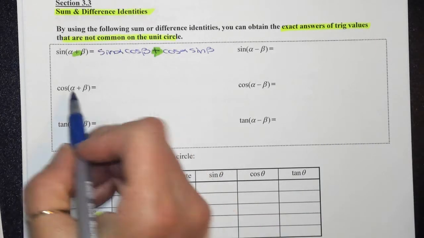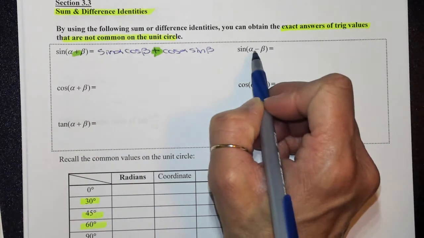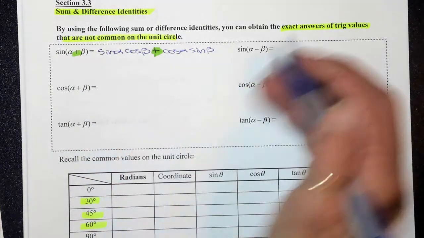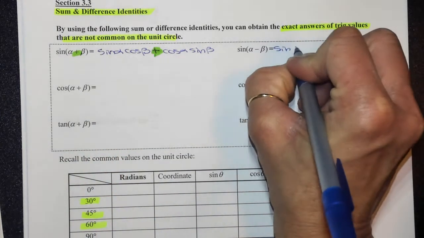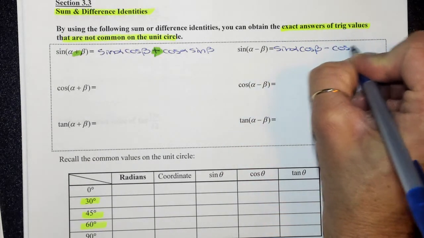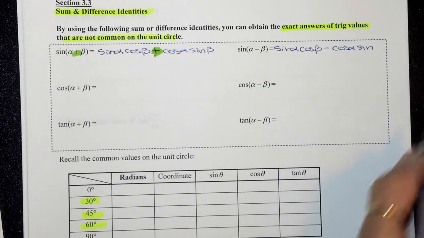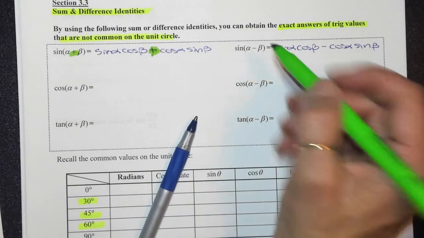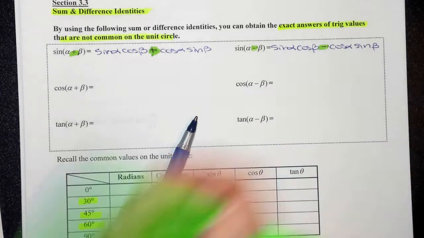Now the sine of alpha minus beta, same pattern, except it will be subtraction. So it's the sine of alpha, cosine of beta, minus cosine of alpha, sine of beta. And again, subtraction. So if there's subtraction here, subtraction here.